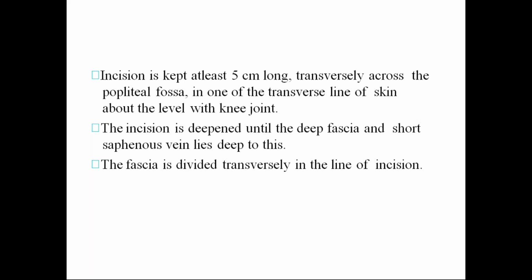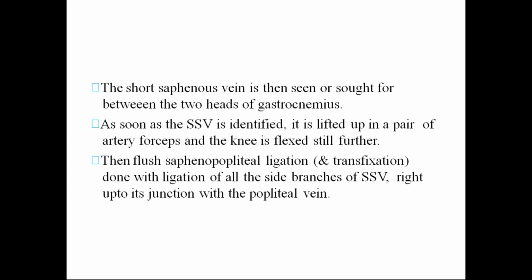The incision is deepened until the deep fascia, and the short saphenous vein lies deep to this. The fascia is divided transversely in the line of incision. The short saphenous vein is then seen between the two heads of the gastrocnemius. As soon as it is identified, it is lifted up in a pair of artery forceps and the knee is flexed still further.